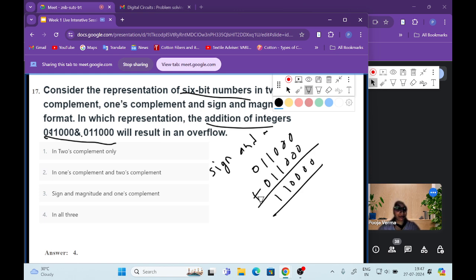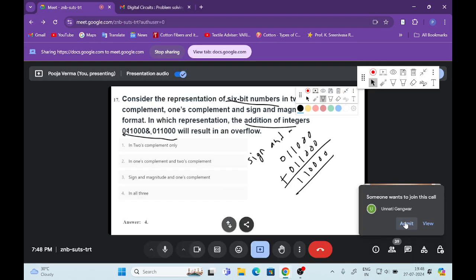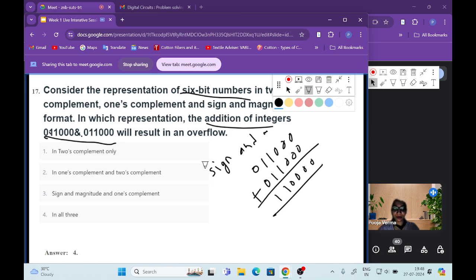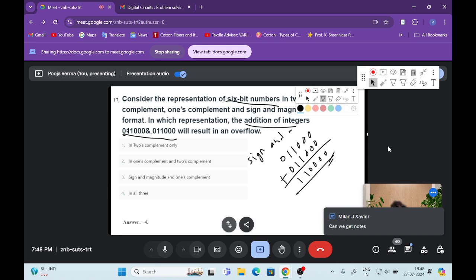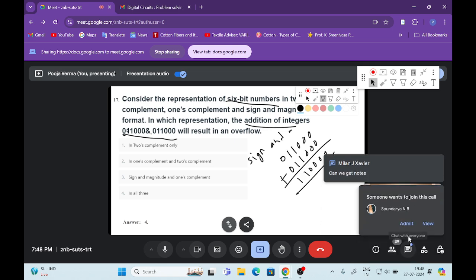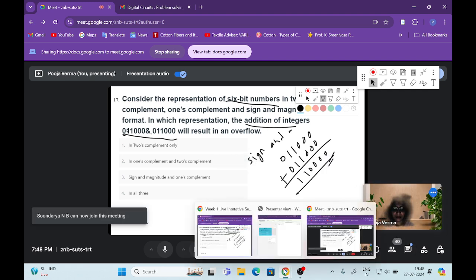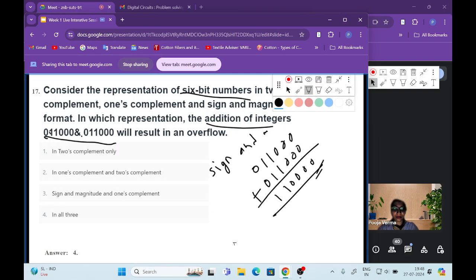Whenever it is running, I can take the class. If I'm not able to complete it, then the sign magnitude form is given. Okay, we have added. Now we also have to add in ones complement form and twos complement form. Yeah, you will get the presentation. Ma'am, the class recording also? Yeah, the class recording is also there.